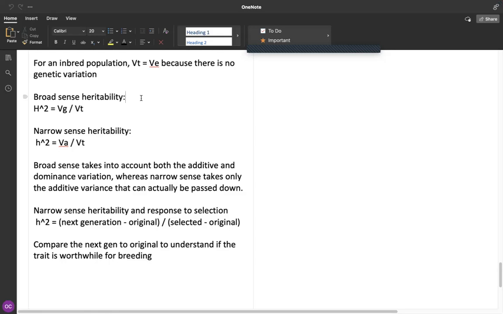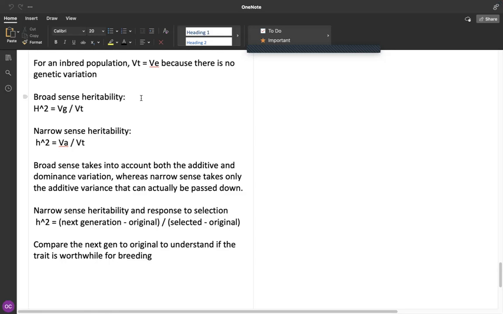This is important because when we talk about heritability, we do want to know how much of the variation in phenotype is caused by variation in genetics. So it's important to look at what can be passed down, especially if you're a breeder. Broad sense adds in that extra dominance genetic variation, which affects that number.